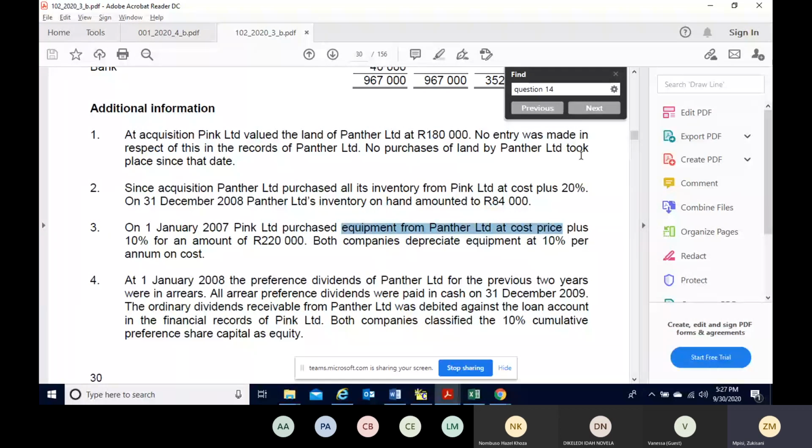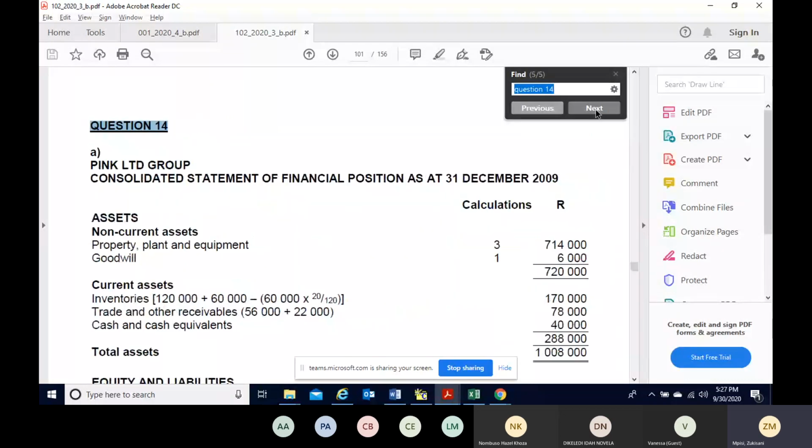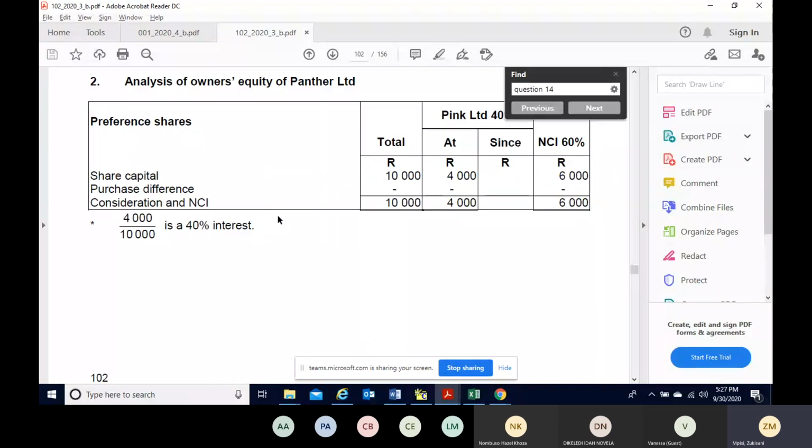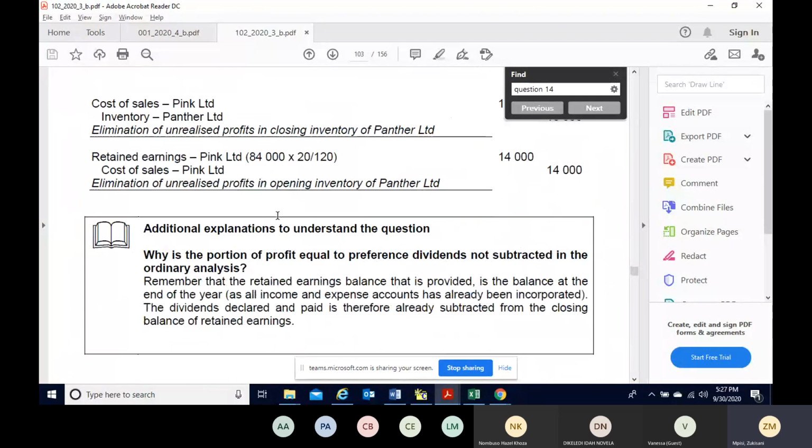So if we look at how they treated this 220,000, here is where they calculated the unrealized profit on 220. It was 10 divided by 110.